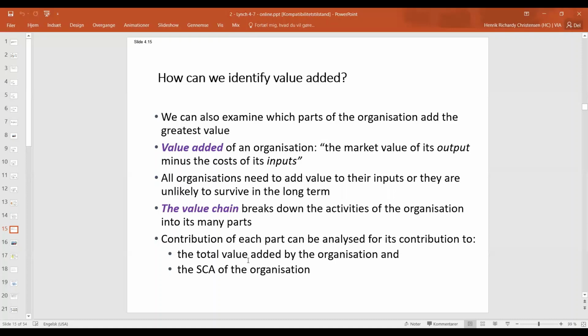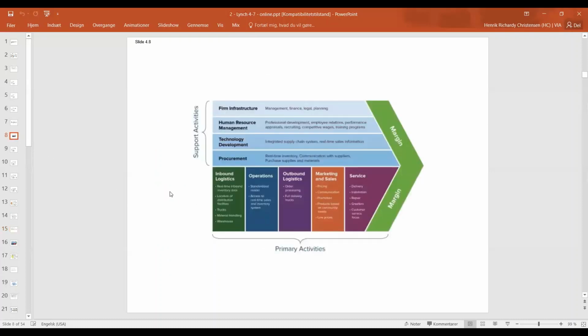Now imagine that each part here refers to the different activities that we identified before. And I'll just take you back to the slide where we had that one, slide 8 here. Each of these activities can also be looked upon as the value of its input and the value of its output. And if you take the value of the output minus the value of its input, you have the value added.